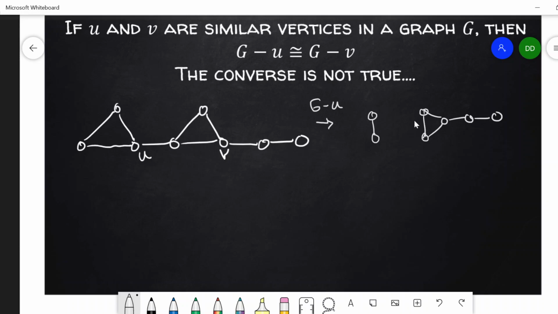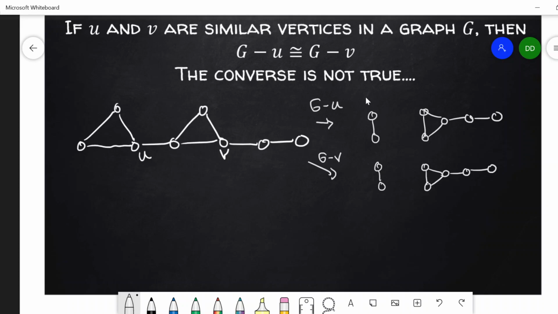So that's G minus U. And let's see what happens when I do G minus V. If I delete V here, well, I'll be left with this edge. And then I'll have this triangle with this path of length 2 coming off of it. So I end up with the same graph. So the converse of the statement is not necessarily true.